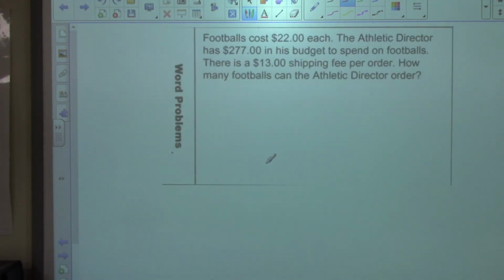Okay, this one right here, footballs cost $22 each. The athletic director has $277. So this is the maximum we can spend, and that's going to have to be greater than or equal to our $13 shipping fee plus our 22N. We'll call it N for number of footballs. And then if we subtract out 13, we get 264 is greater than or equal to 22N plus 13.